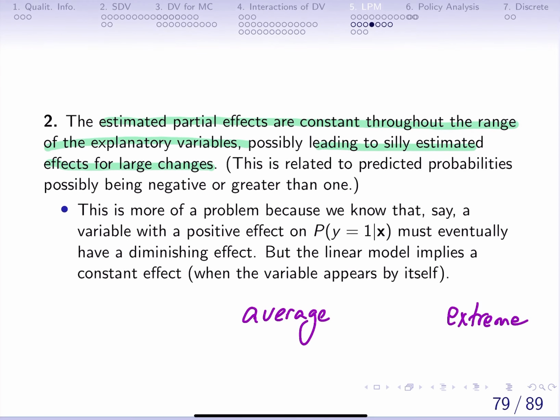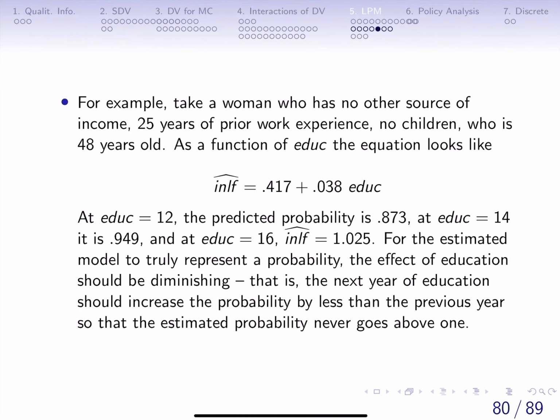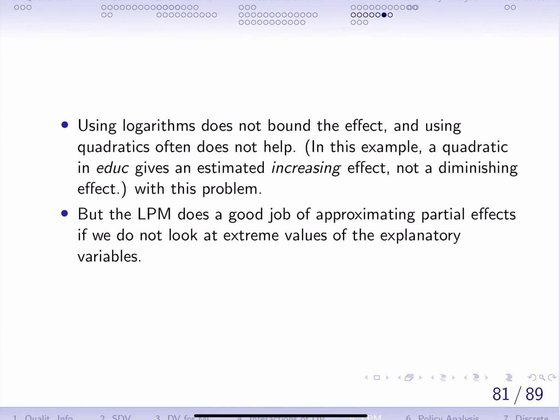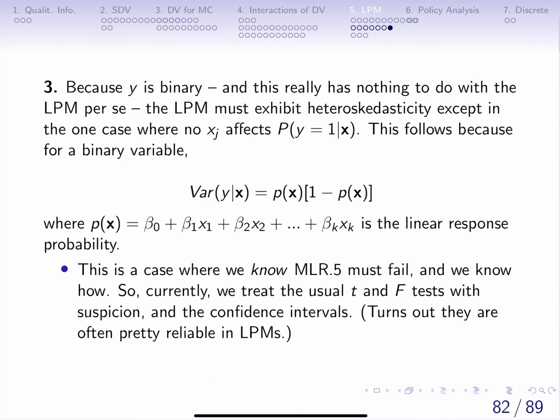Again, this reinforces the point that the linear probability model is good to estimate partial effects and not to make predictions. You can take a look at some of the stuff written on the slides here. It basically tells you about that same shortcoming.